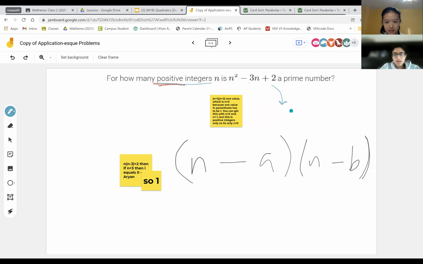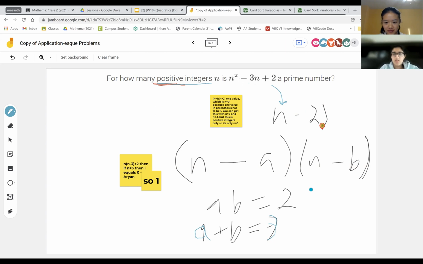And then we have negative a minus b is equal to negative 3, so a plus b is equal to 3. So we want to see what values add to 3 and multiply to 2. That's just 2 and 1, so we have n minus 2 times n minus 1 equal to this.